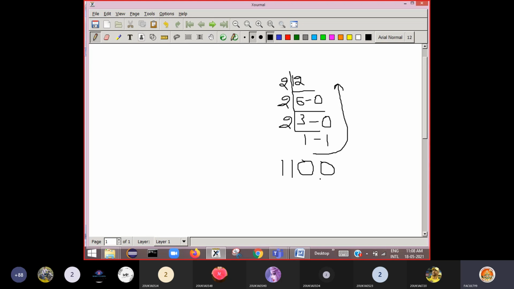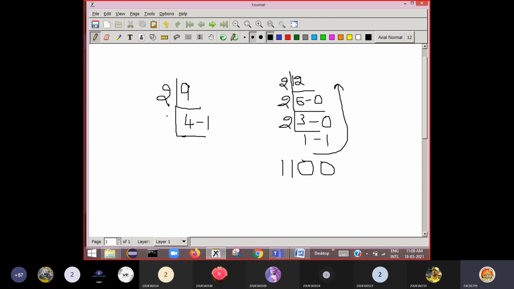Okay, similarly, what is the other number? 9. So 9, you divide by 2 and find its binary form. 2 fours are 8. So what is the remainder here? The remainder will be 1 here.